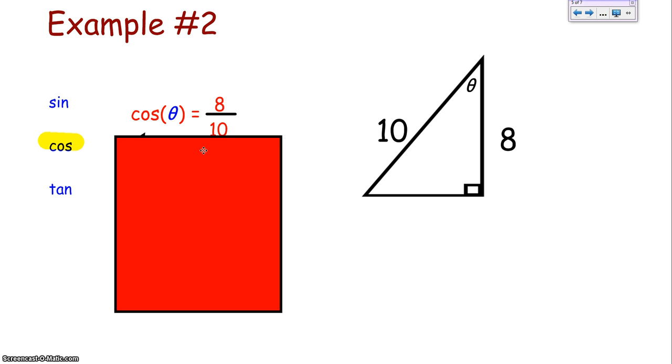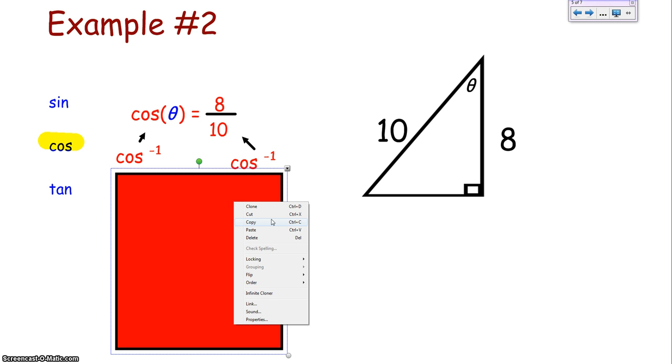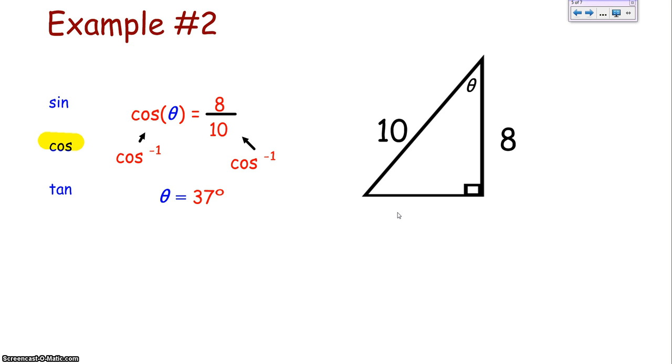When we need to find the angle, we need to do the inverse of the trig ratio. So instead of typing cosine, we're going to type second cosine in our calculators. Always a good point right now, in case you haven't looked before, definitely make sure you are in degrees. When I find the inverse cosine of 8 over 10, I come up with that theta is 37 degrees.